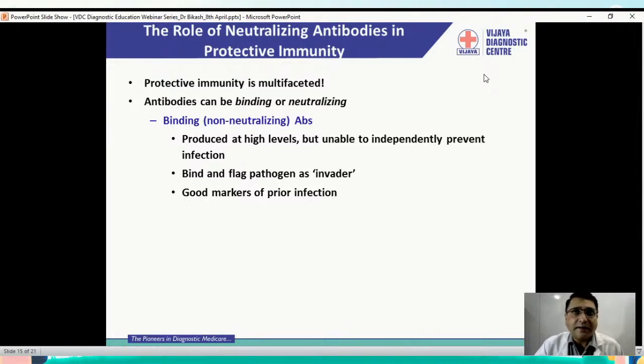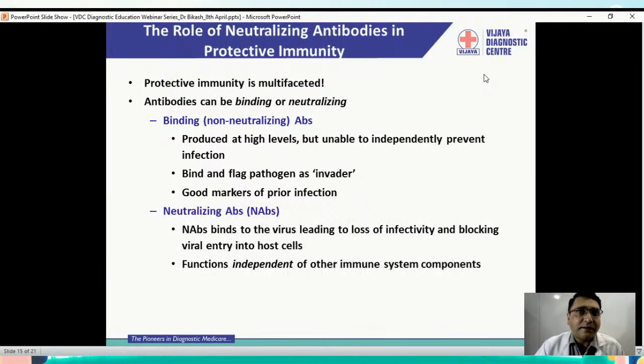Binding antibodies only bind and flag pathogens as invaders, and they can be a good marker of prior infection. In contrast, neutralizing antibodies bind to the virus, leading to the loss of infectivity and blocking the viral entry into the host cells. And thus neutralizing antibodies function independently of other immune system components.